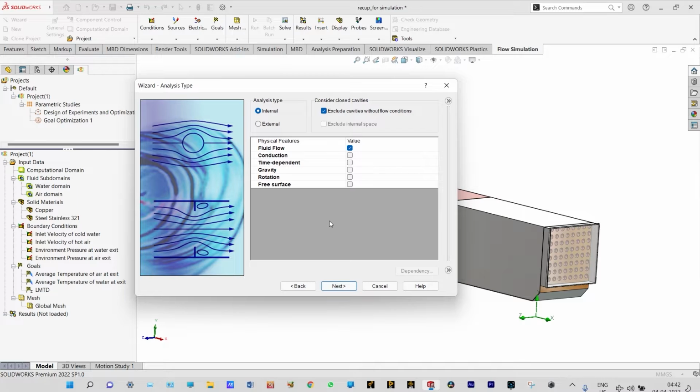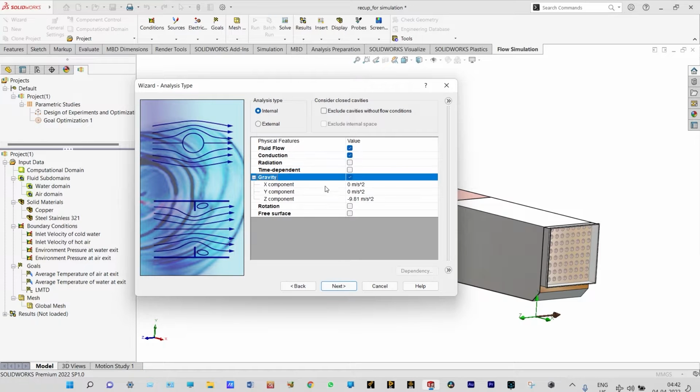Next to that, it will be an internal analysis, and from physical features we'll select fluid flow with conduction, and gravity will be involved. Direction of gravity will be Y as indicated by this arrow in the upward direction. So along Y it will be minus 9.81 meter per second square, and along Z it will be 0.